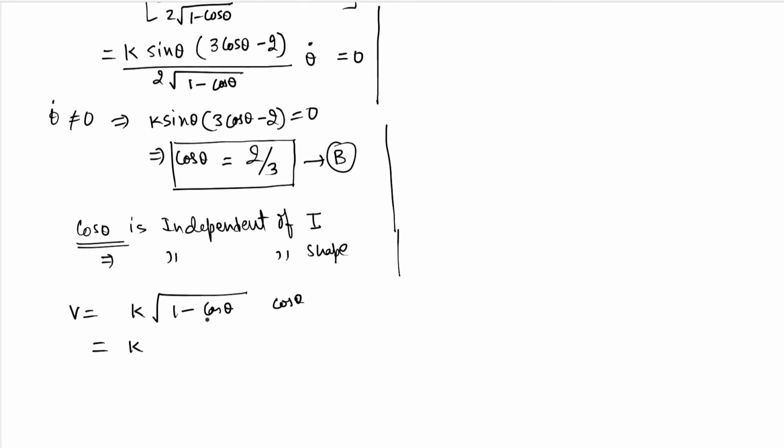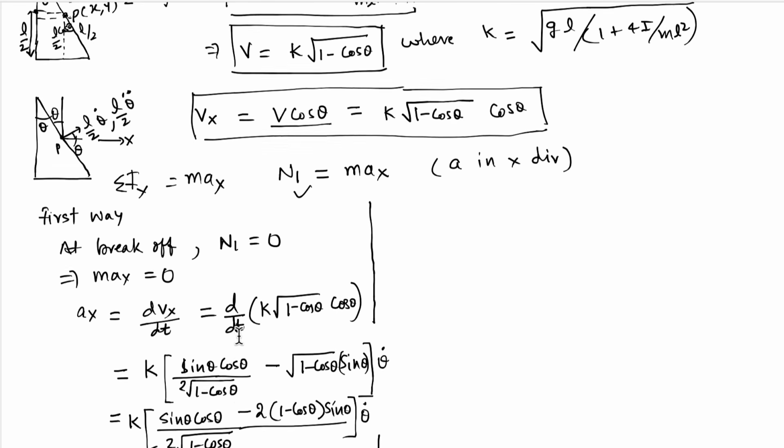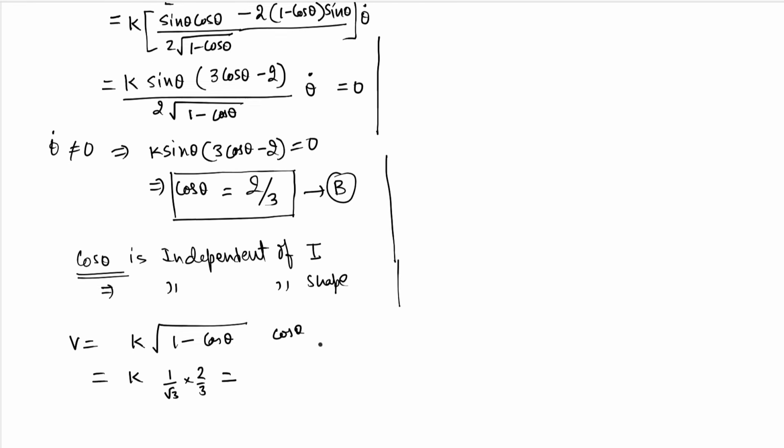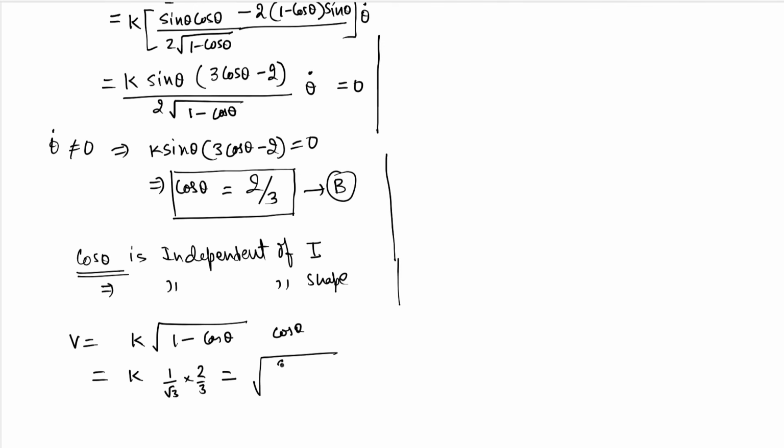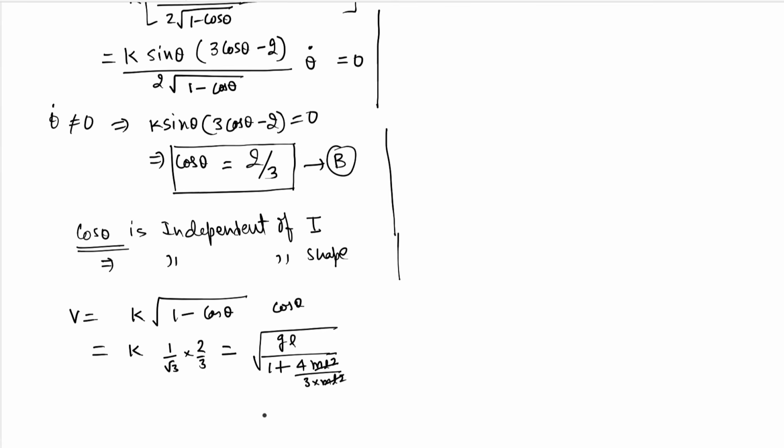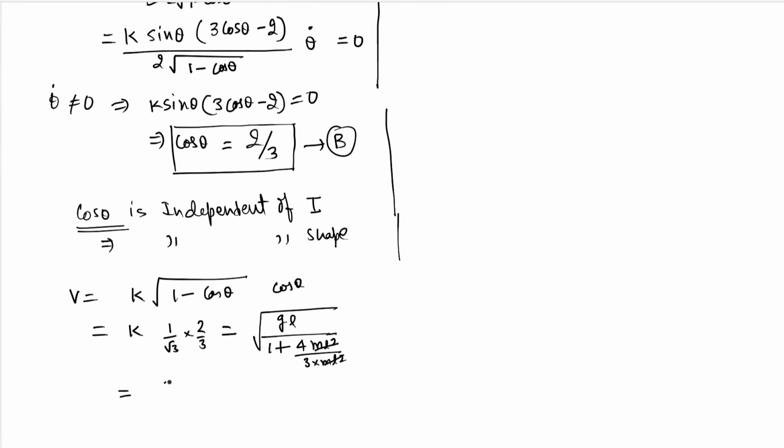Therefore, k, this is going to be root of 1 by 3, into 2 by 3, and k is nothing but root of GL over 1 plus 4, and I is ml square by 3, into ml square, cancel out, and therefore this will become root of 3 GL by 7. Okay, for rod.